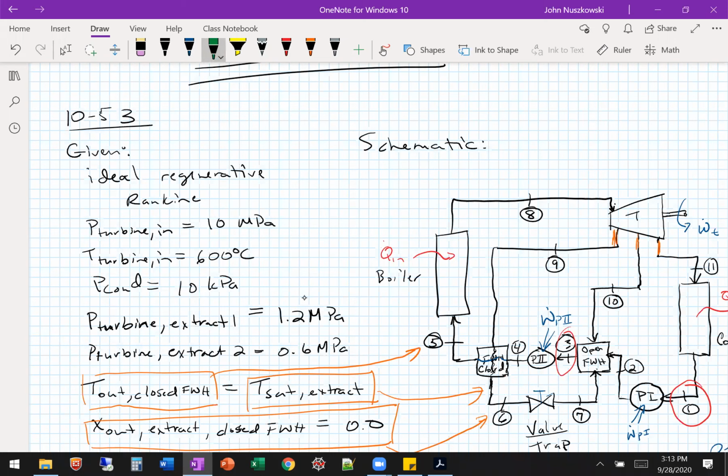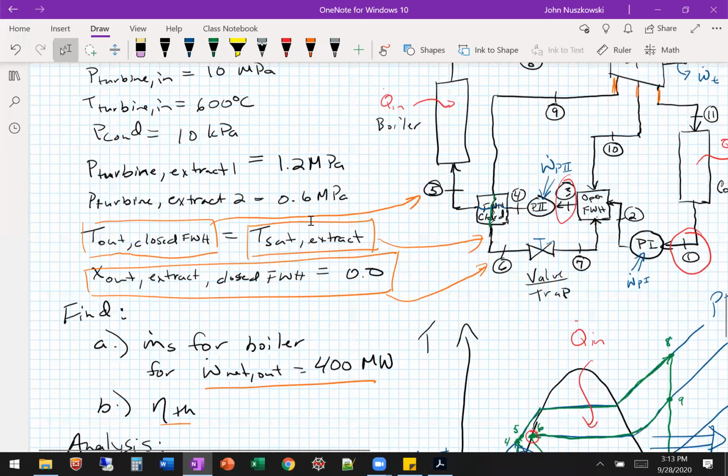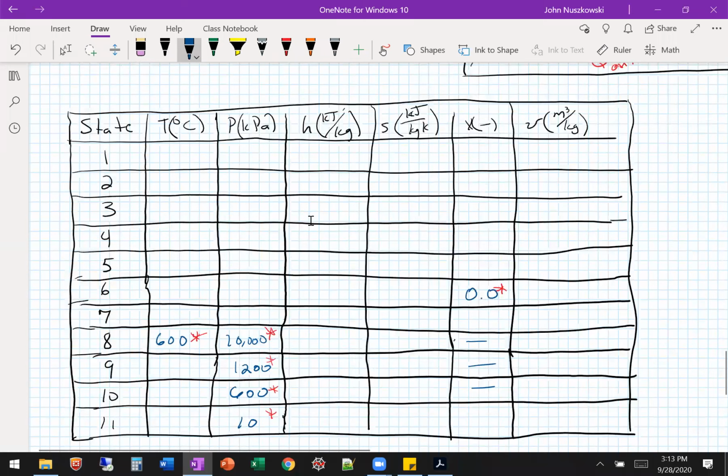This line connects directly to that, and 4 connects directly to 5, so the fluids are never touching. It's just the tubes. So 4 and 5 are 10,000 then, and we have 8 as well.